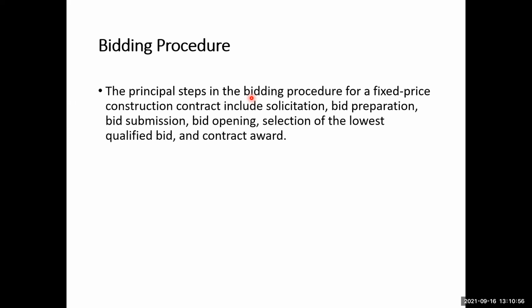So bidding, the principal steps in the bidding procedure for a fixed price construction contract include solicitation, bid preparation, bid submission, bid opening, selection of the lowest qualified bidder, and the contract award. So remember that selection of the lowest qualified bidder is generally the criteria, especially in the public sector or the government sector projects.